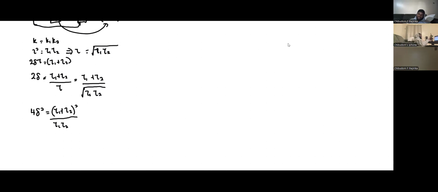Yeah, so now we can solve for each part. 4 zeta squared tau 1 tau 2 is equal to tau 1 plus tau 2 squared.